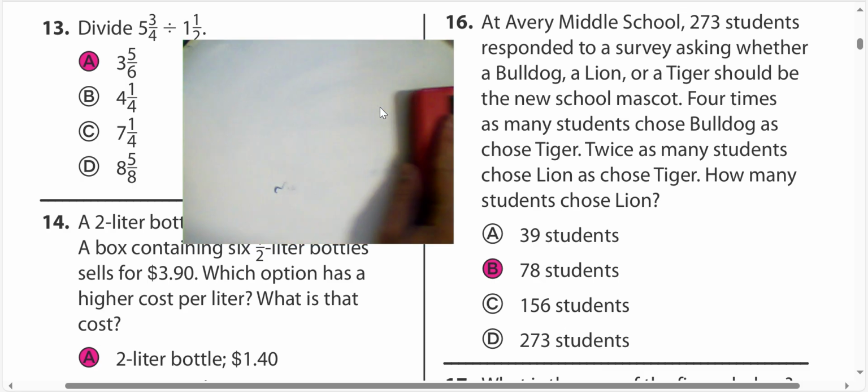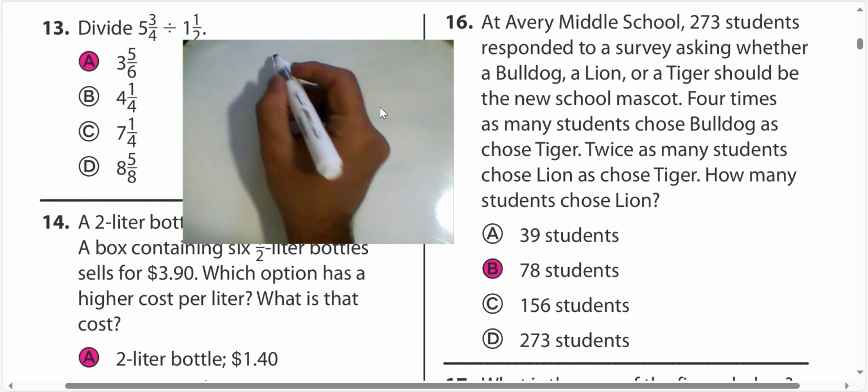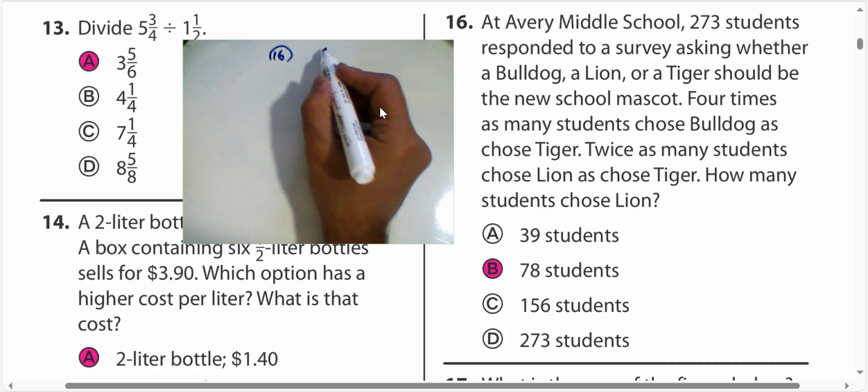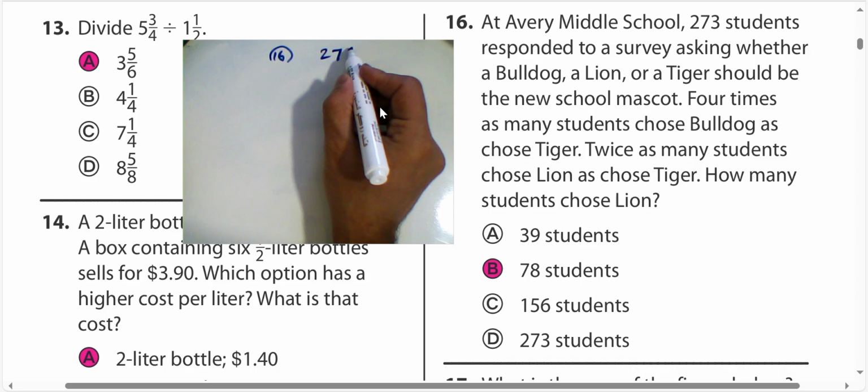Let me explain question number 16 again to understand it. The total number was 273.